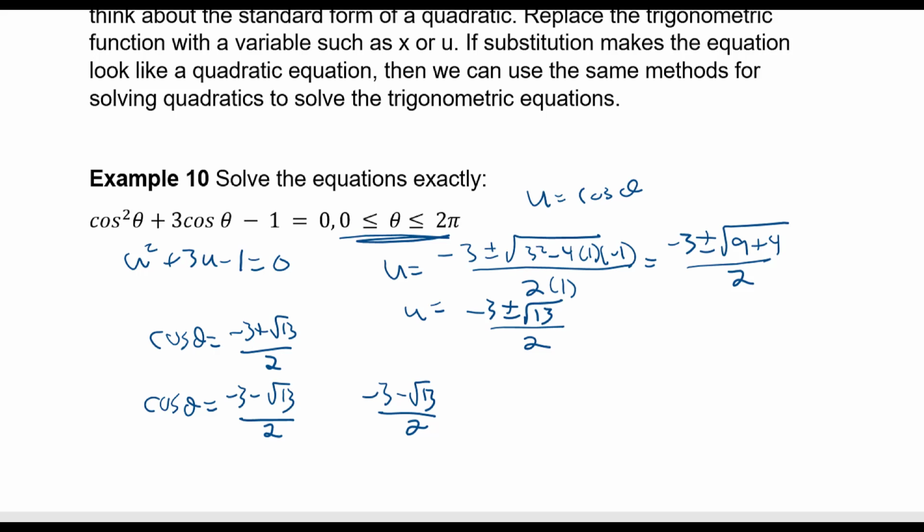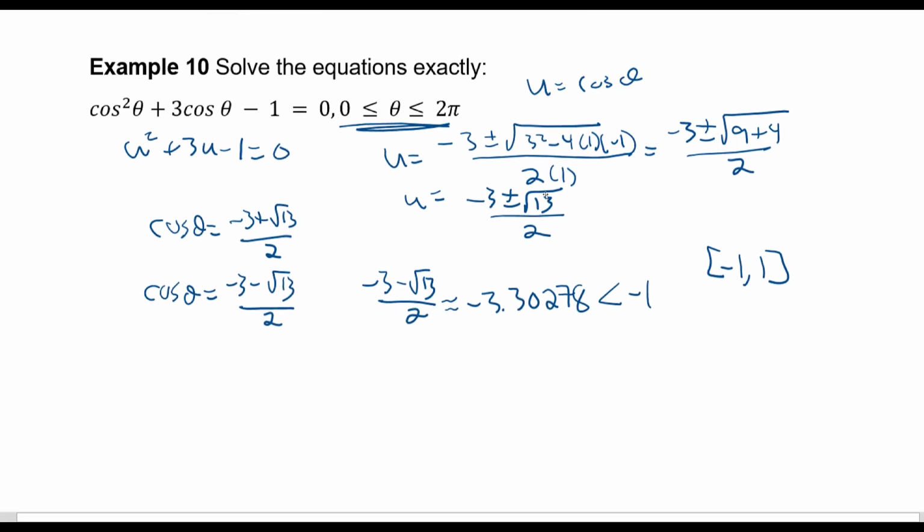Yeah, that's going to be negative 3.30278. Let's call it that. And that's going to be less than negative 1. So that's not in our domain of negative 1 to 1, or our range. So not in the domain of the inverse function. So we don't have to worry about that one. So we're going to have to worry about the other one.